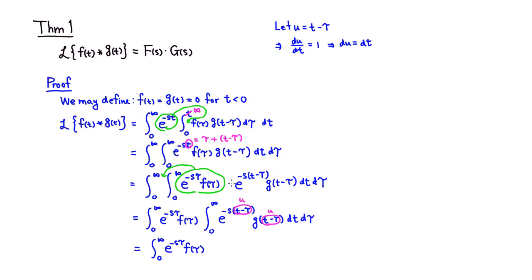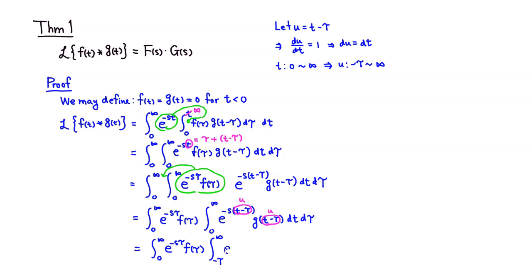This part doesn't change. Oh, I forgot to do the conversion. Originally t goes from a lower limit of 0 to an upper limit of infinity. If you change that to the new variable u, t starts from 0, so u starts from negative tau, and infinity minus tau is still infinity. So we have an integral from negative tau to infinity.